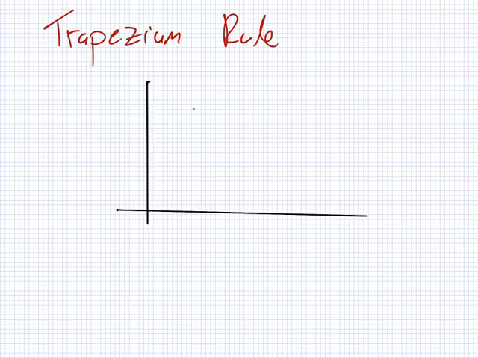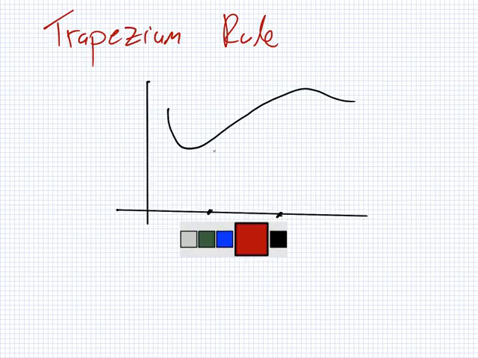So let's just draw some function, something like this. And let's say here's A and here's B, and we want to calculate the area.